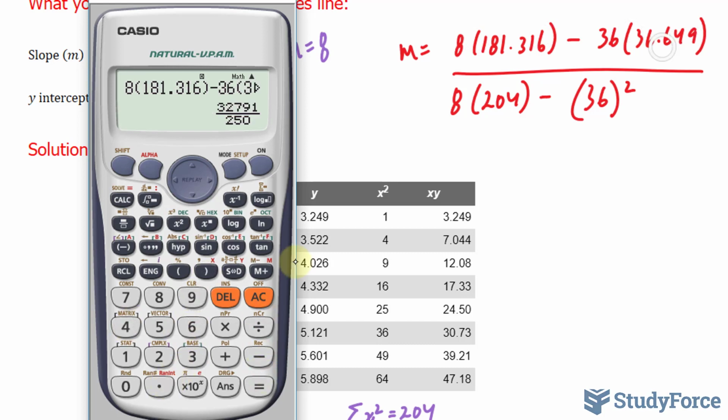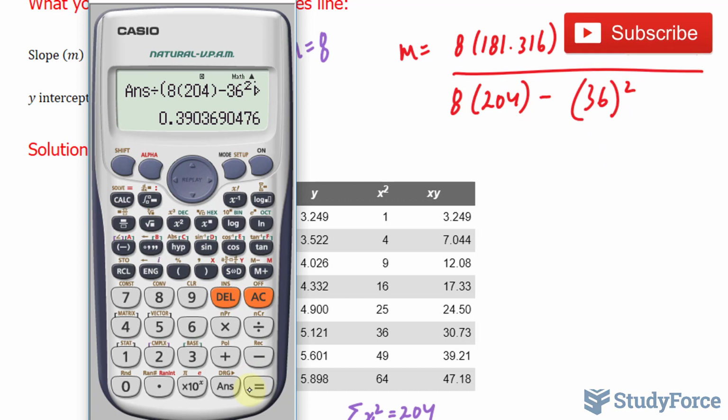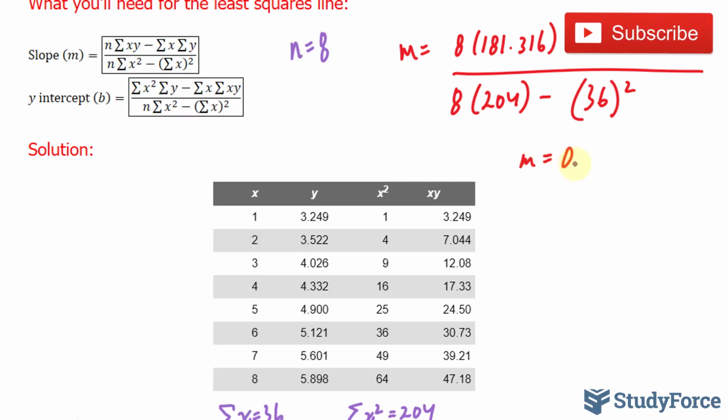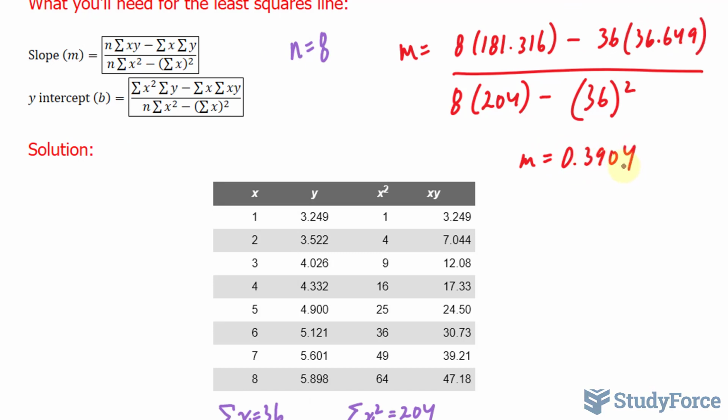That gives us our numerator. Divide that by 8 times 204 minus 36 to the power of 2. And this gives me 0.39 as my slope. M is equal to 0.3904.